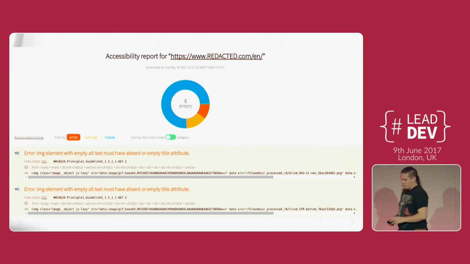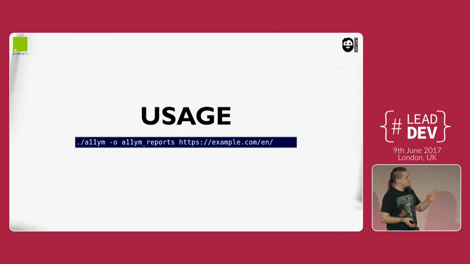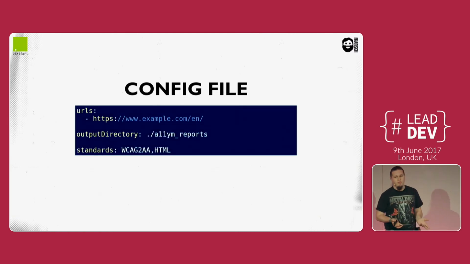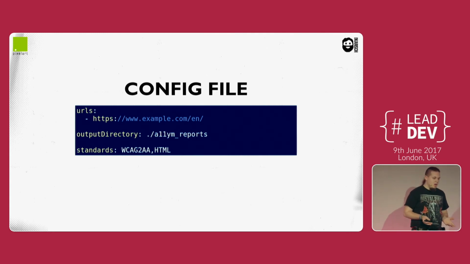That's nice. But still, with every tool, you don't want to rely on your devs putting in these parameters every time they need to use it. So use a config file. Define your URLs, define the output directory, and define the standards you want to use. In this example, AA level combined with HTML5 recommendations.